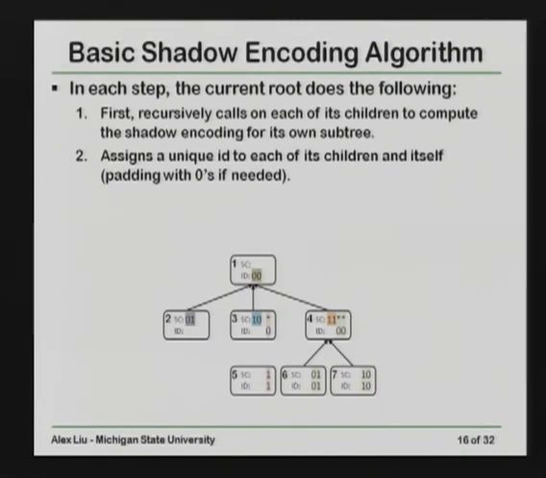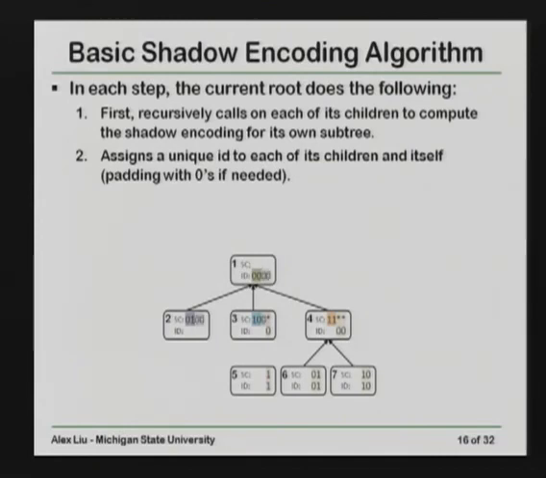With 4 nodes, we can use 2 bits. For example, state 1 gets ID 0 0, state 2 gets 0 1, state 3 gets 1 0, and state 4 gets 1 1.